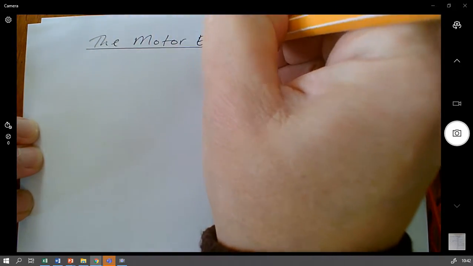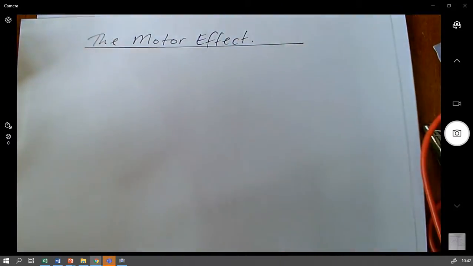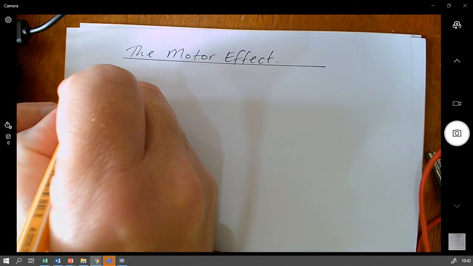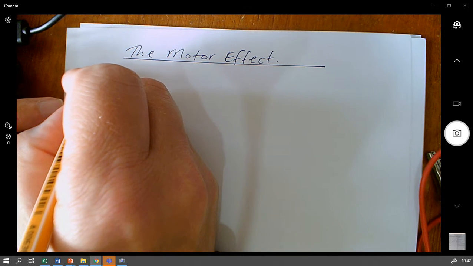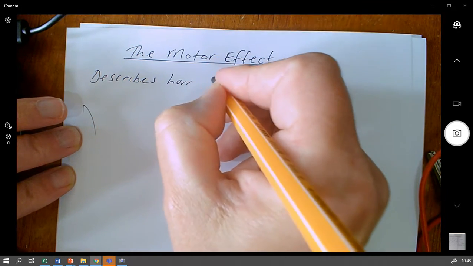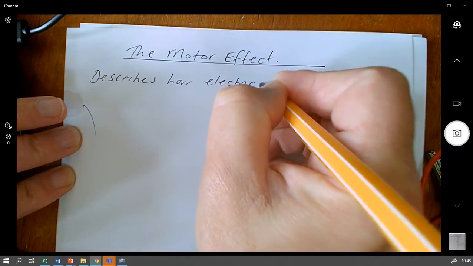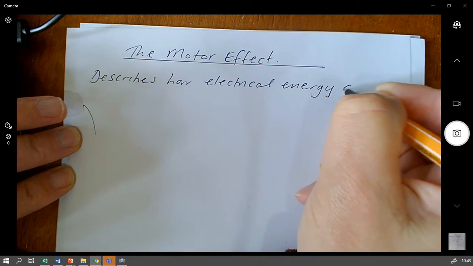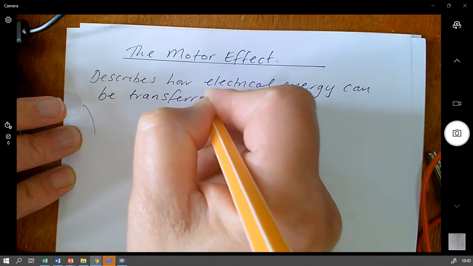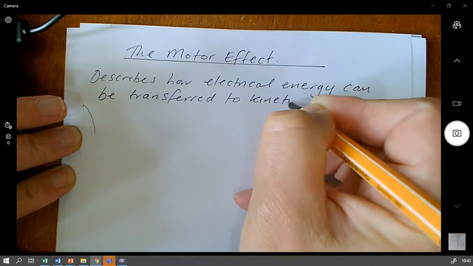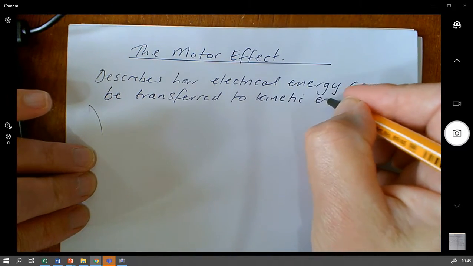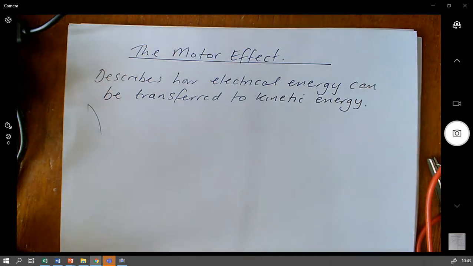The motor effect describes how electrical energy can be transferred to kinetic energy, discovered by, amongst other people, Michael Faraday, one of my heroes. So that's what the motor effect actually is.